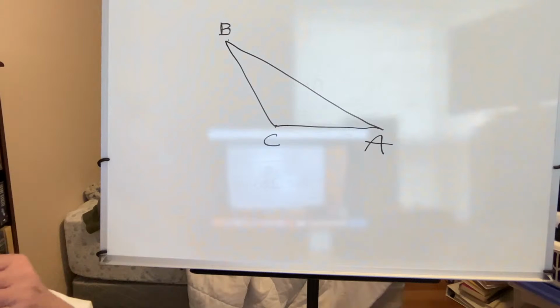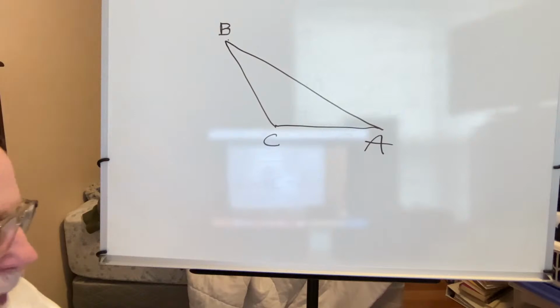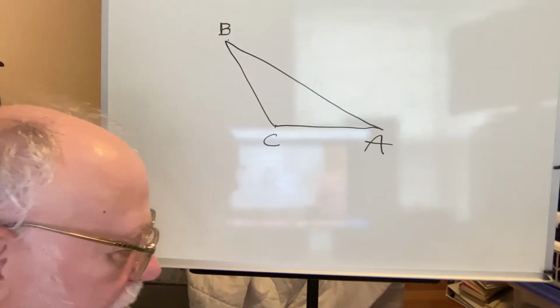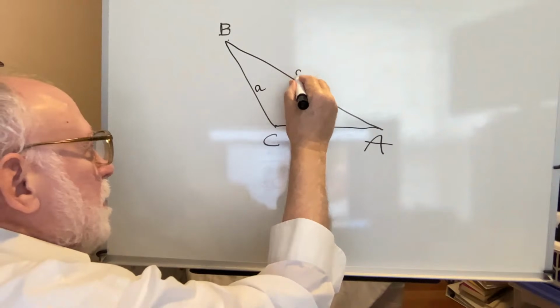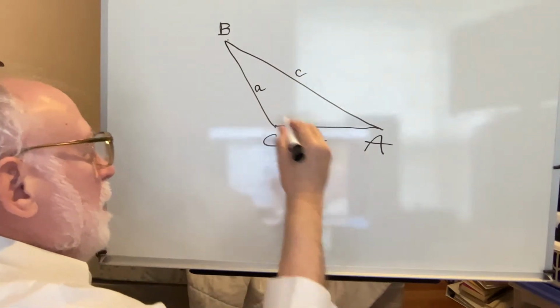Obtuse means what? Dull. Acute means sharp. So this doesn't have a sharp point, it's a little duller, maybe. This is your A, and this is your C, and this is your B.